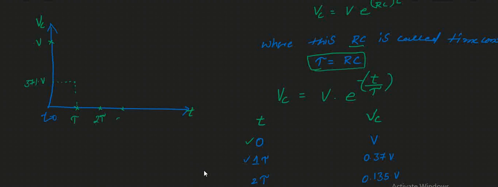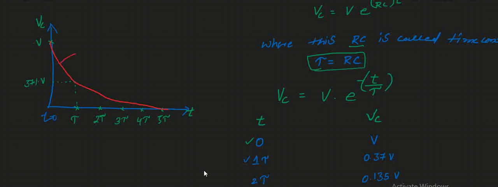At 3 tau, it is decreasing. At 4 tau, again it is decreasing. At 5 tau, approximately its value reaches 0. So if I draw a graph by taking these points, we are going to get this type of graph.